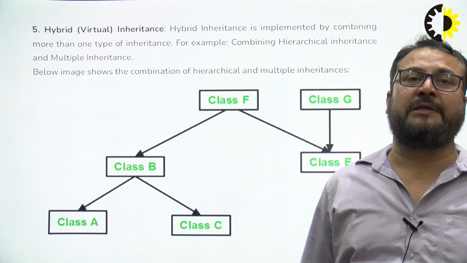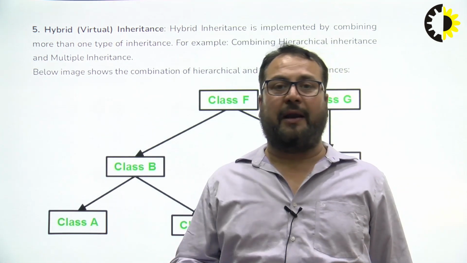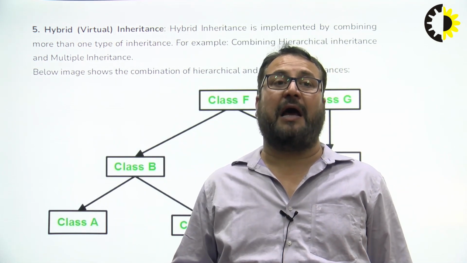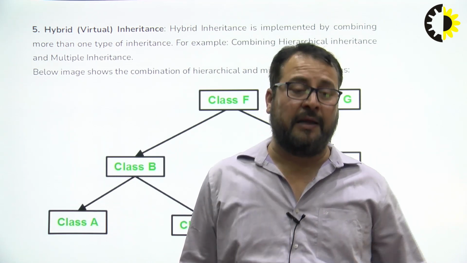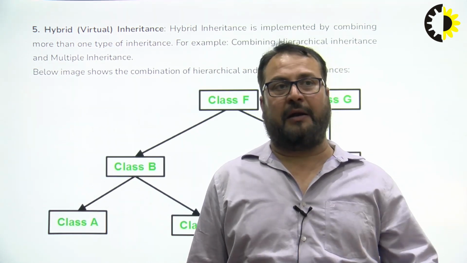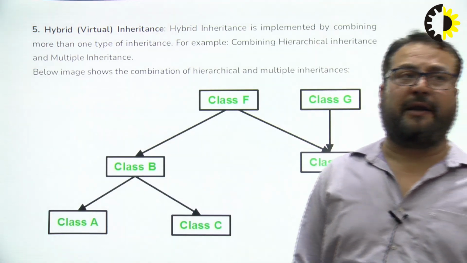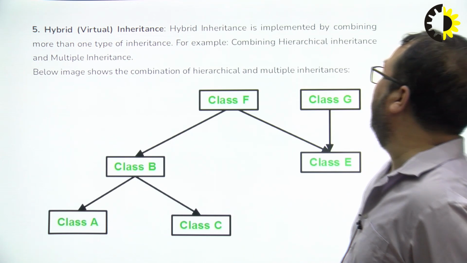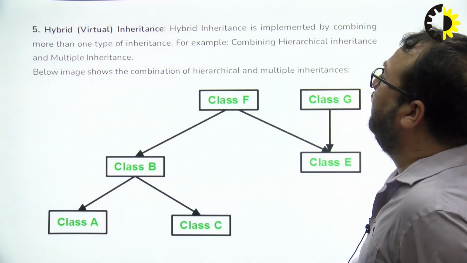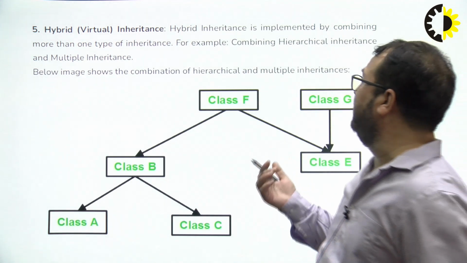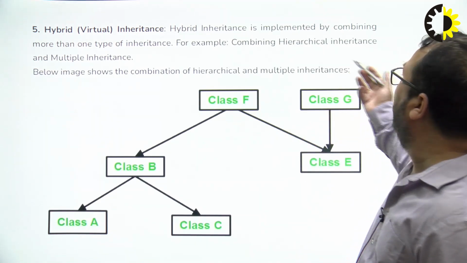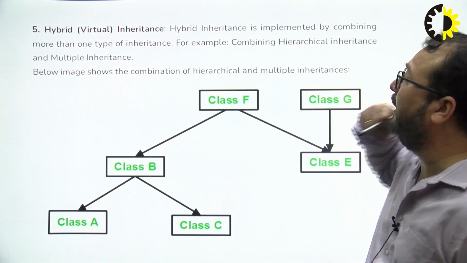Hybrid inheritance means more than one kind of inheritance. If a class exhibits more than one type of inheritance, this comes under hybrid inheritance or virtual inheritance. Hybrid inheritance is implemented by combining more than one type of inheritance, for example, combining hierarchical inheritance and multiple inheritance.